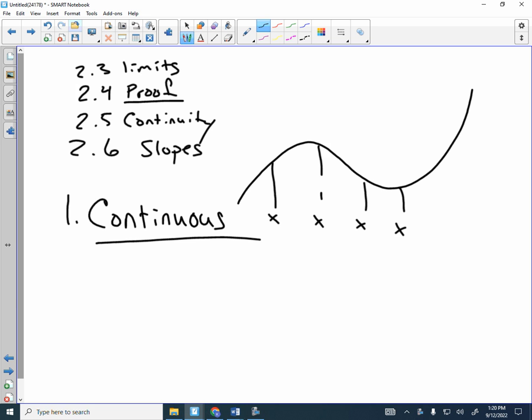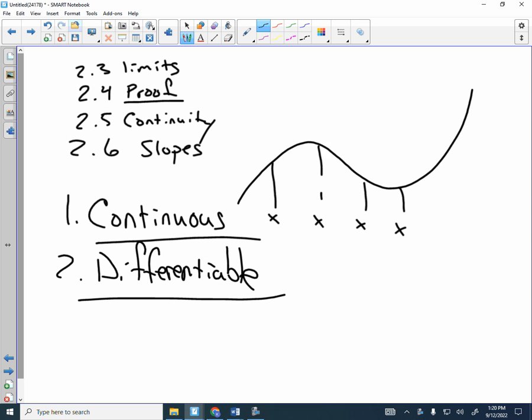That is a piece of groundwork that may not seem like a big deal to you, but for 1,800 years, mathematics kind of stood still in the realm of calculus because they did not have the ideas that we just put forth now. Math doesn't just move on if we can't show something. It requires proof and conjecture. And the second thing, a function also must be what we call differentiable. We will talk about what that means later on in this unit as well. But those are the 2 pieces.